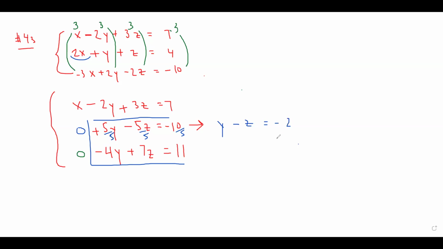Why I want to do this? Well, because the equation underneath, let me copy it, minus 4y and 7z and 11 could be worked out now in a much more straightforward way. We can kill those y's. We can cancel those y's. When you say, Alex, what about your first equation?